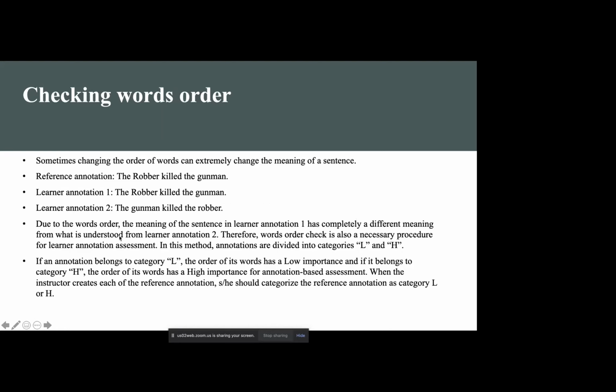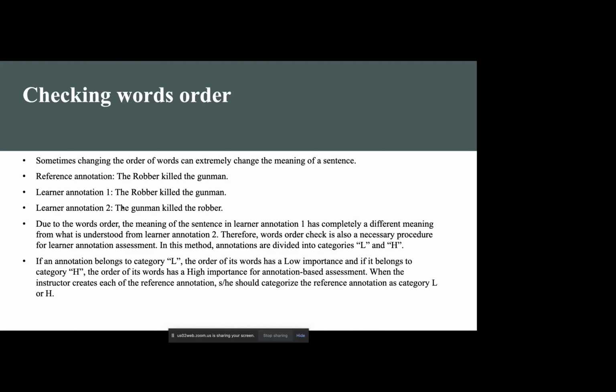And due to this word order, the meaning of the annotation is completely different. It is a correct sentence, but it has no meaning at all, and with different meaning. And word order check is a necessary procedure for learner annotation assessment.